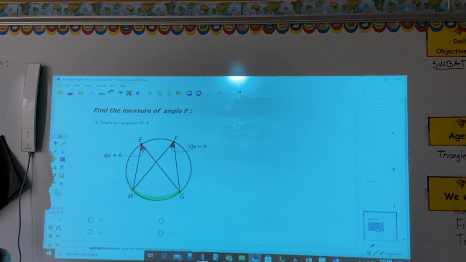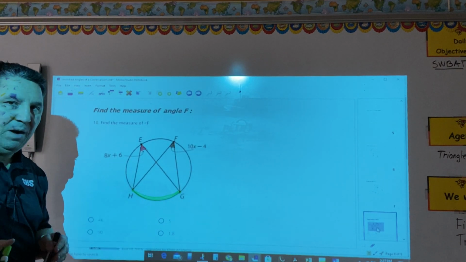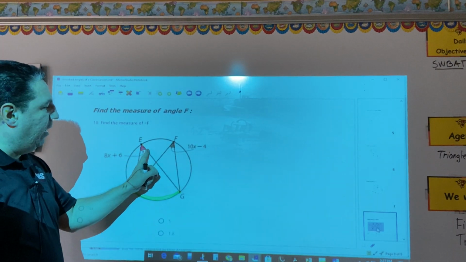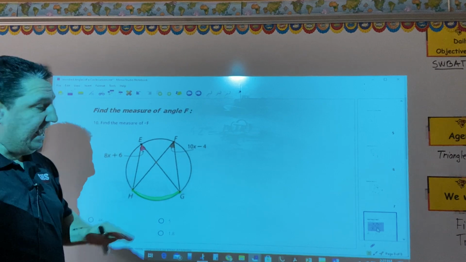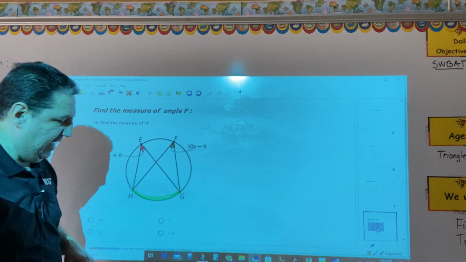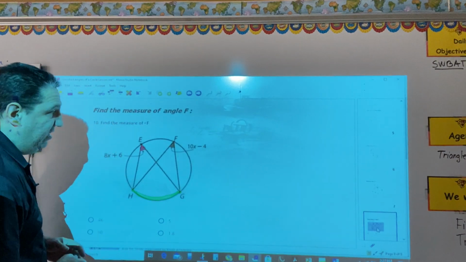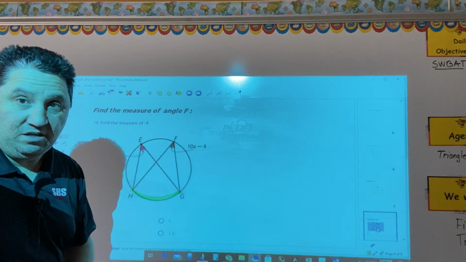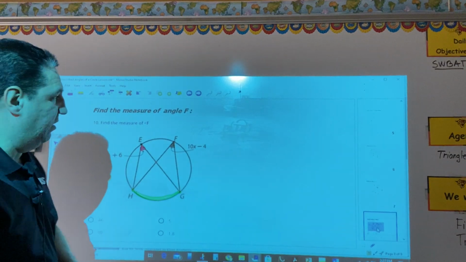According to one of the properties of inscribed angles, when two inscribed angles intercept the same arc, they are congruent. So, because they are congruent, the measure of these two angles is the same.